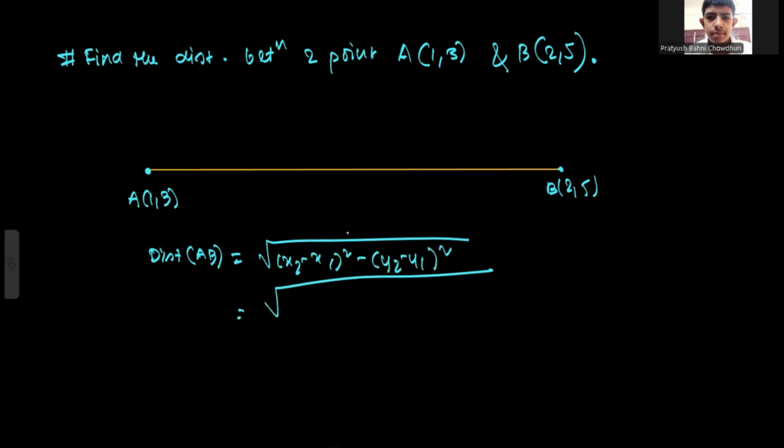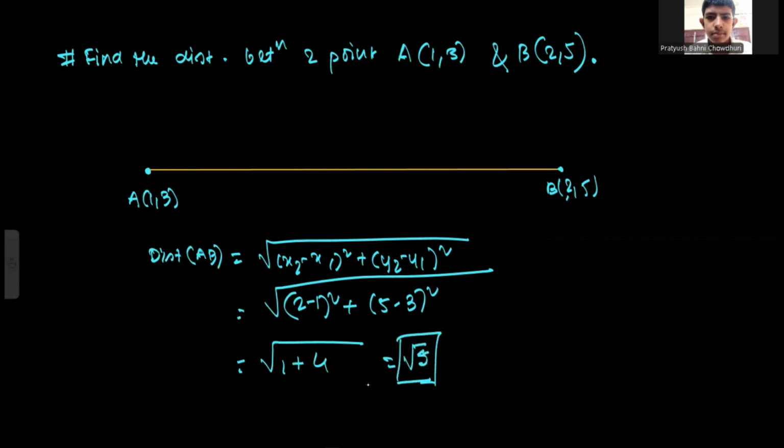X2 is 2, so 2 minus 1 whole square, plus y2 is 5, 5 minus 3 whole square. It becomes root over of 1 plus 4, then root 5. And root 5 is our answer. Yes, simple, quick.